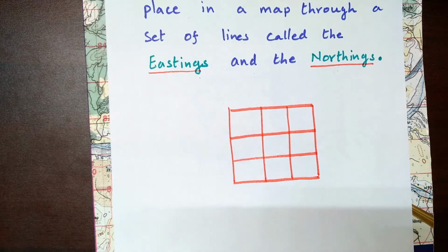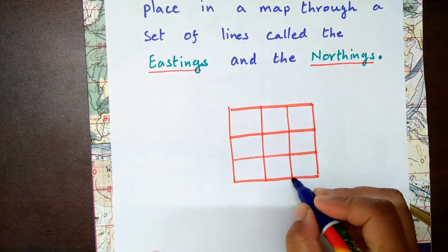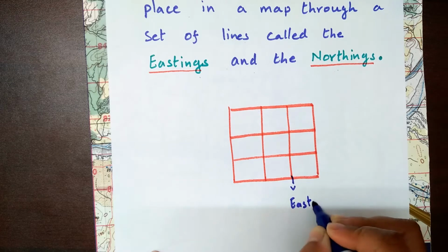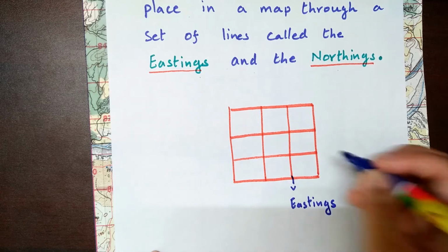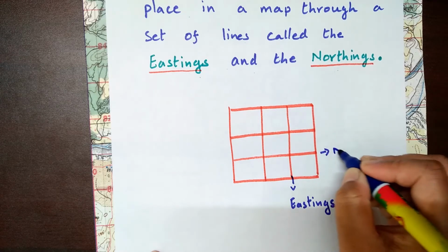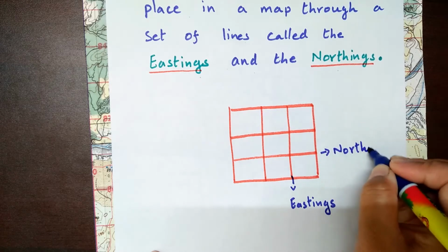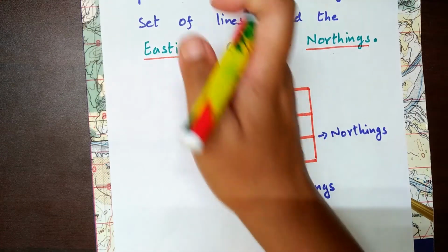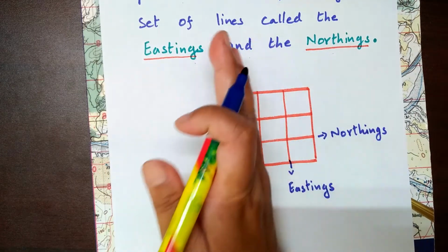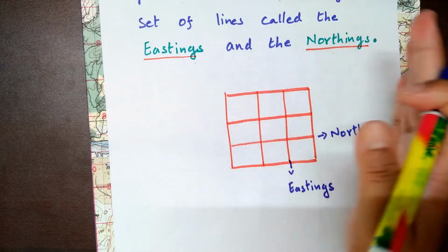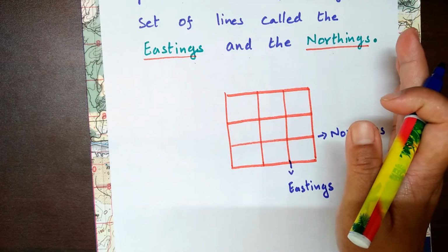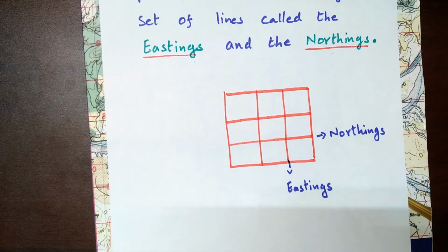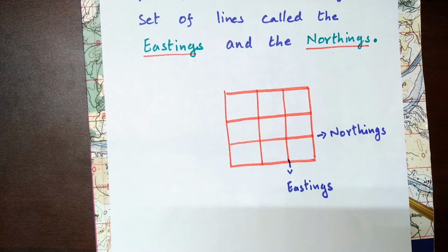So this line is called eastings and this line is called northings. Don't get confused. The one which runs towards your right hand side is your eastings, and the one which goes up like steps is your northings.